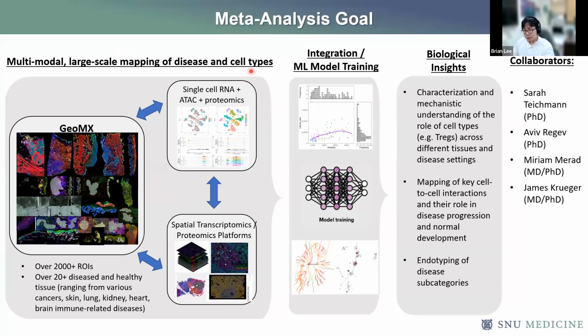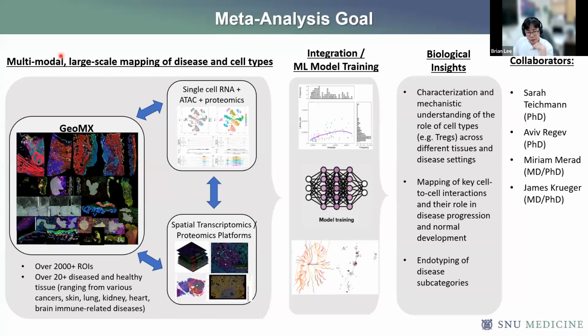And so one possible example is to characterize and understand the mechanisms of a specific cell type, maybe like Tregs, and their role across a wide variety of diseases and disease settings.